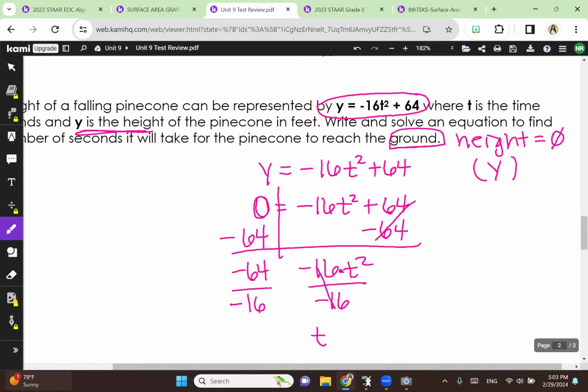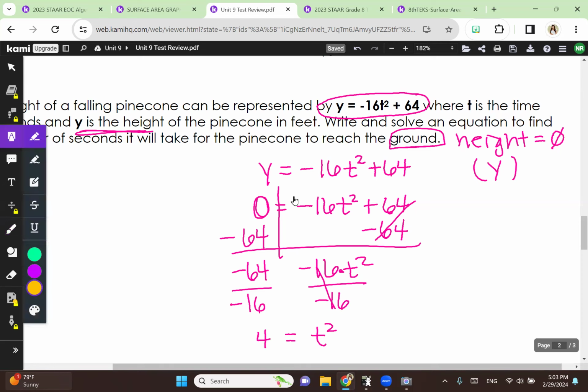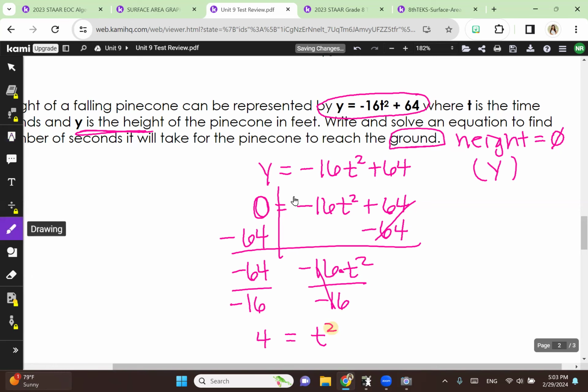You get t squared. Negative 64 divided by negative 16 is 4. And the only way to undo a square number is to take the square root of it. So we're going to take the square root of both, and you end up with 2. t equals 2, so meaning 2 seconds.